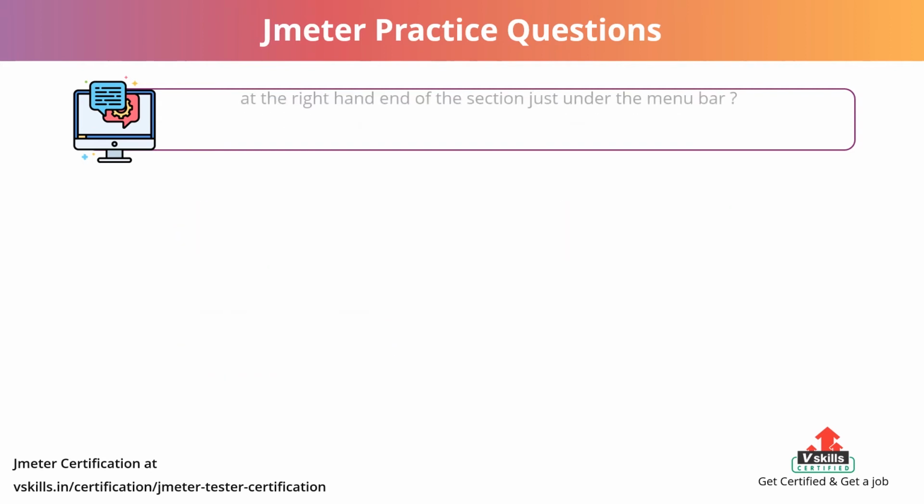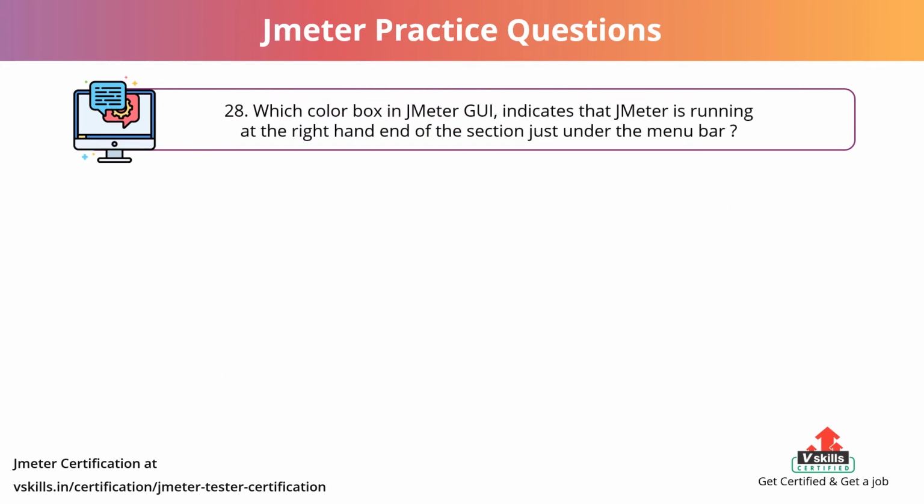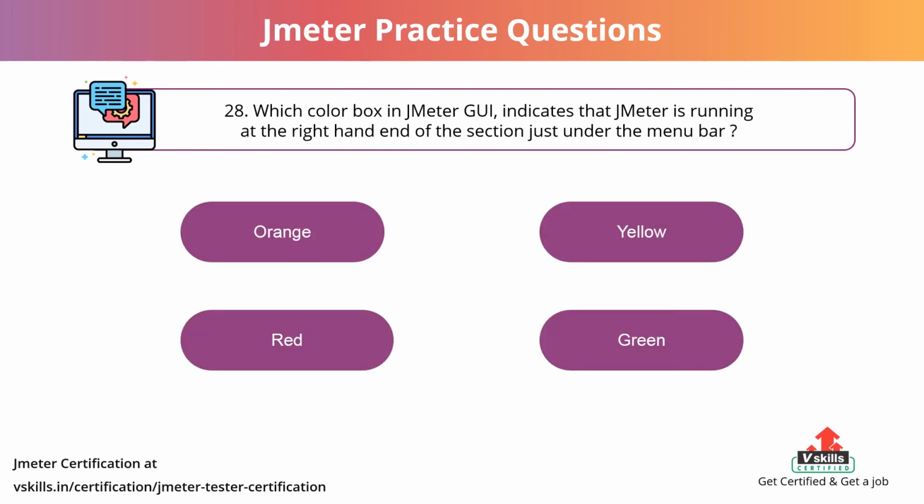Question number 28. Which color box in JMeter GUI indicates that JMeter is running at the right-hand end of the section, just under the menu bar? The options are A, orange, B, yellow, C, red, D, green. The correct answer is option D. Question number 29.